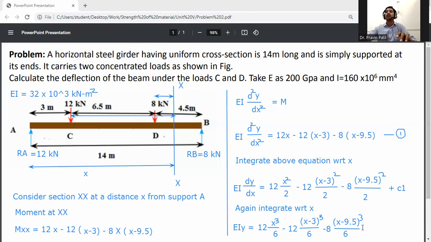So constant C1, integration of C1, it will be C1x, then plus C2.